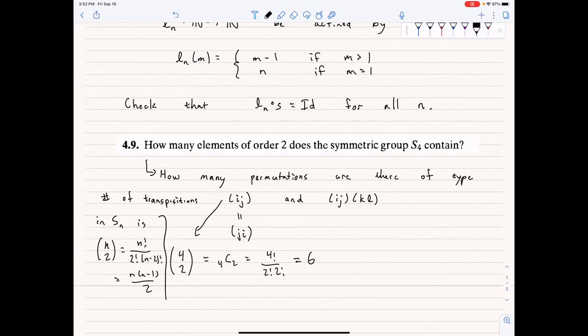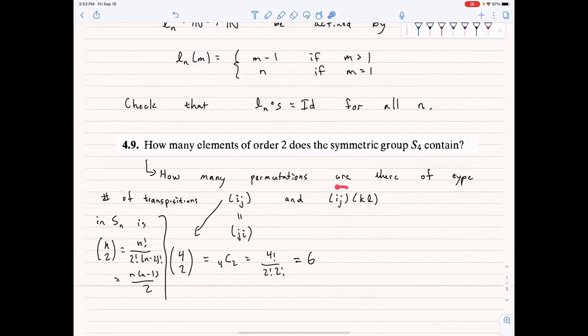And now we can look at the case with 4 elements, which is very special and very easy. Because if I determine one transposition, then I've automatically determined the other one.